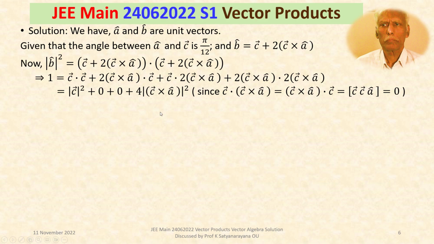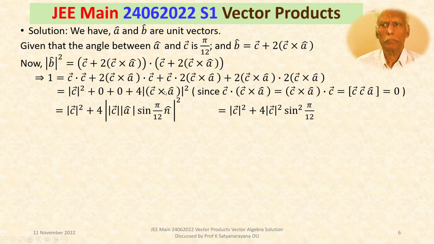We got it. Okay. So now mod C square plus 4 times C cross A, which is mod C into mod A into the sine of the angle between C and A, that is pi by 12, into the unit vector n hat, where the unit vector n is perpendicular to both the vectors C and A, and mod square.